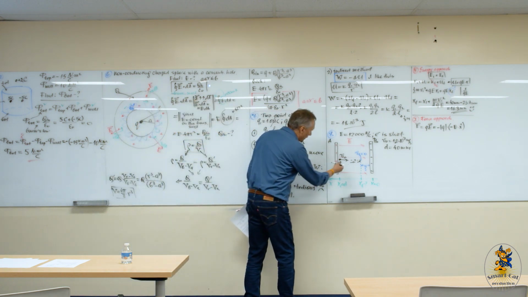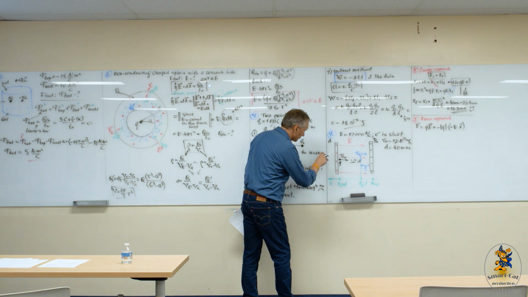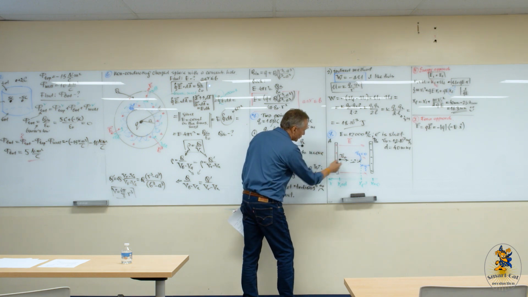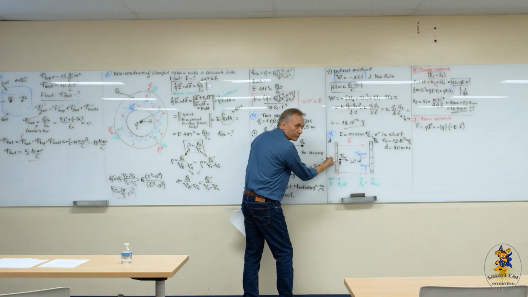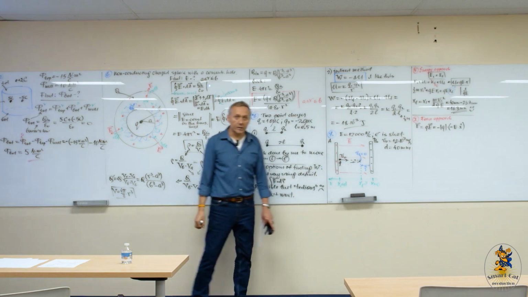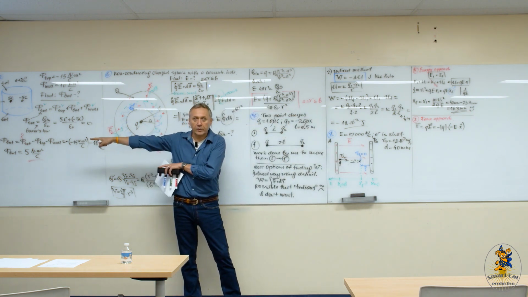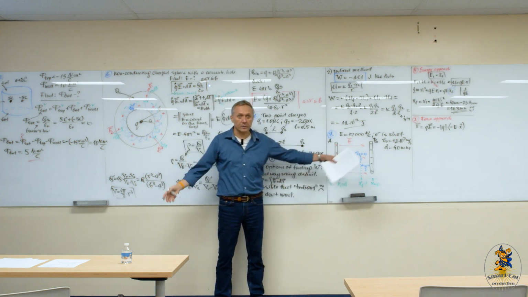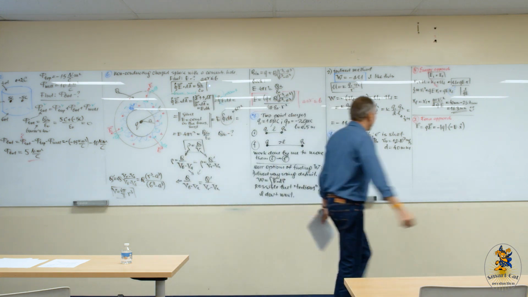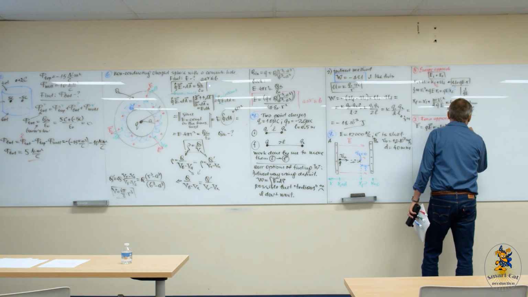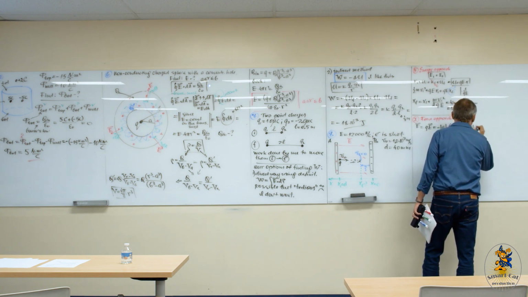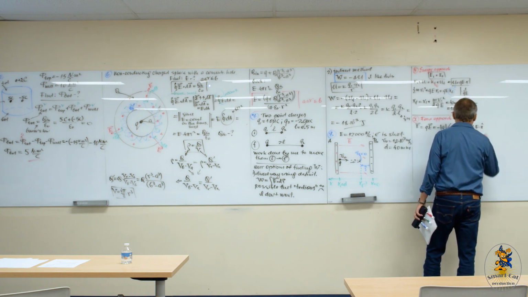Positive force is in the positive x direction. So this electron will be attracted by the positive plate and repelled by the negative plate, which means the positive x direction. So you see, mathematics explains. I can write the absolute value of Q times E in the positive x direction.